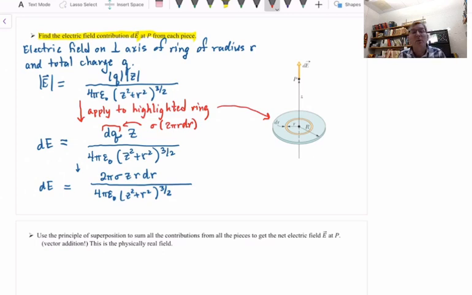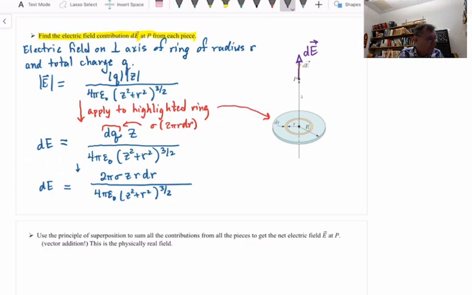And note we already know, assuming that this disk is positively charged, that the electric field contribution from the ring that we're highlighting is straight up the z-axis away from the ring and the disk. And that's the same direction for all the little dEs from all the little rings that, when nested together, make up the disk.